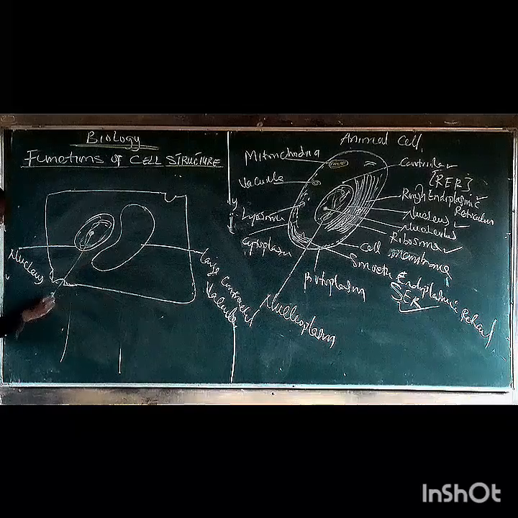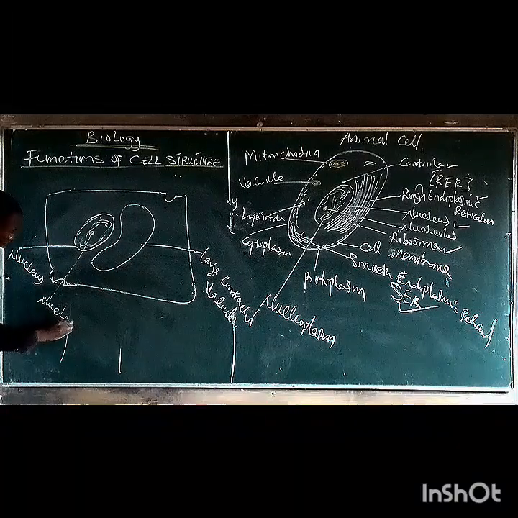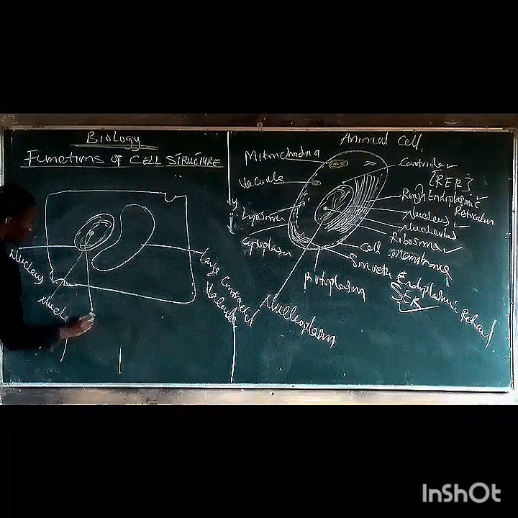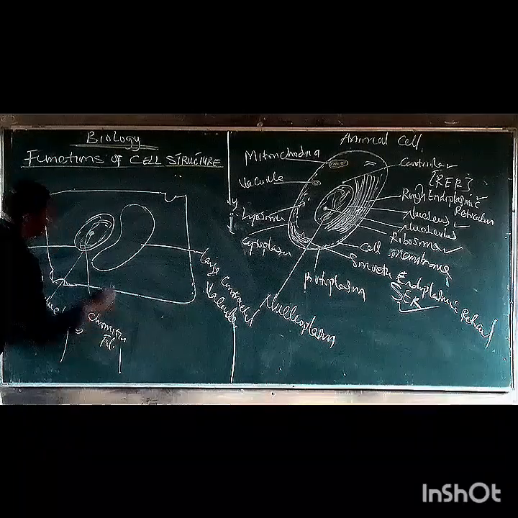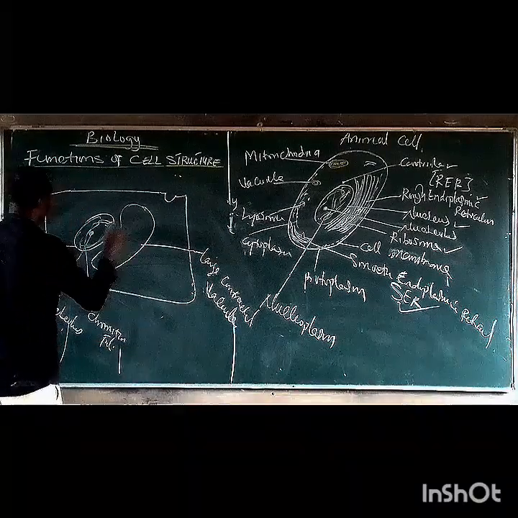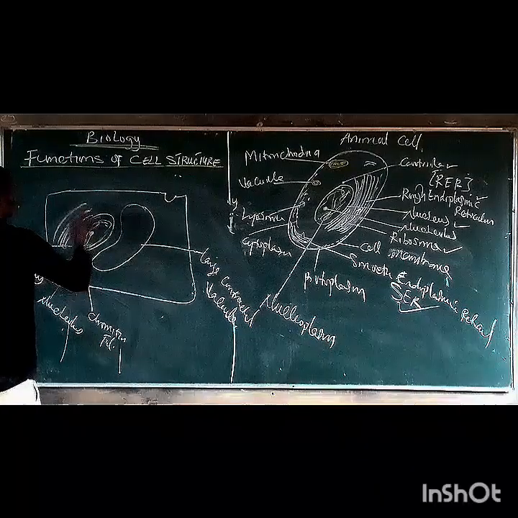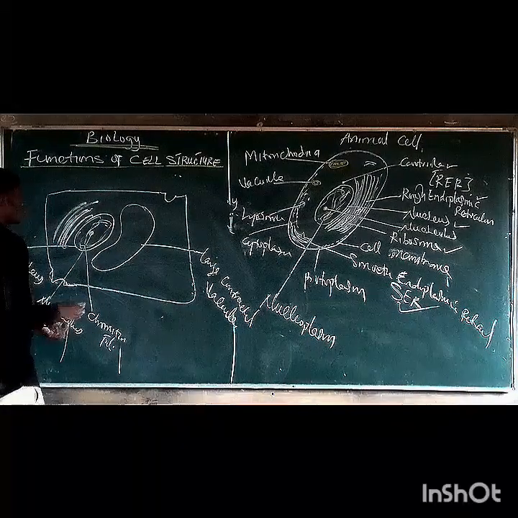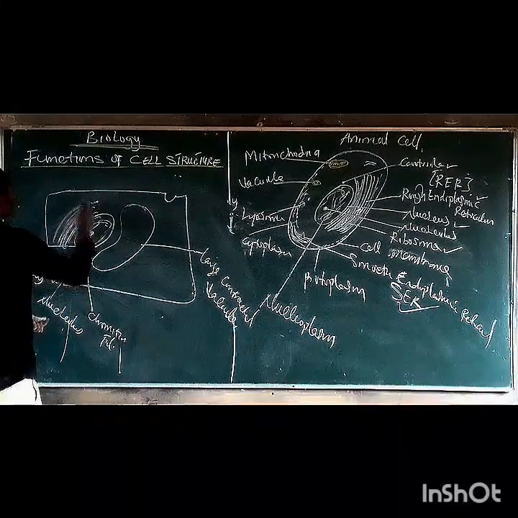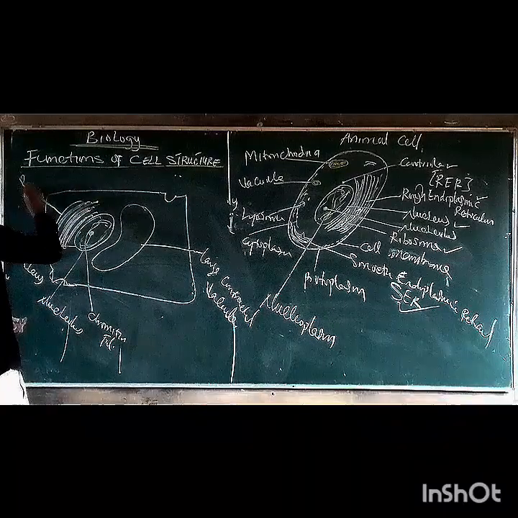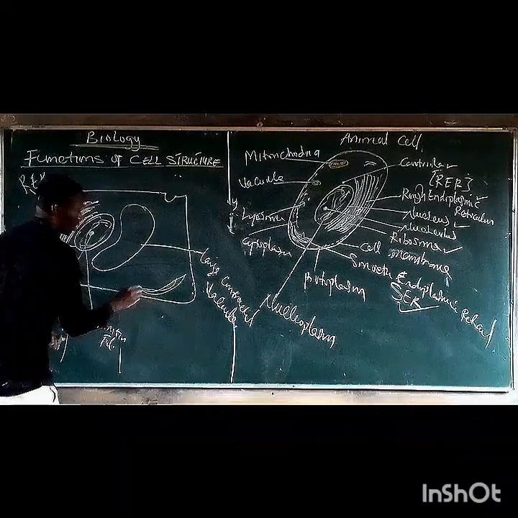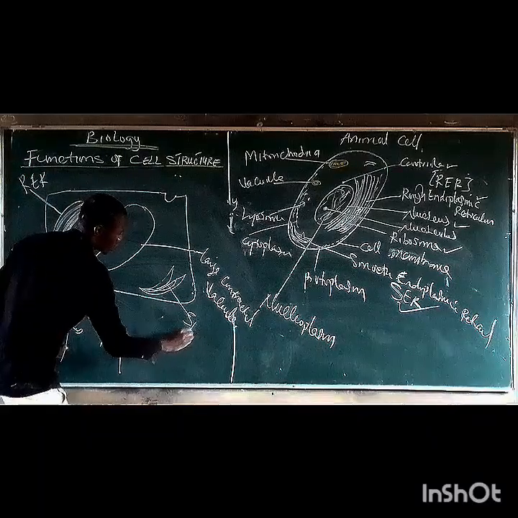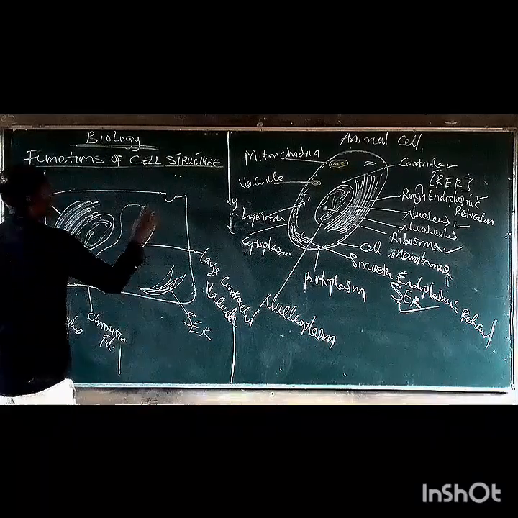This should be the chromatin. Then over here, it can be anywhere actually. The endoplasmic reticulum. This is the rough endoplasmic reticulum. Let's say over here is the smooth endoplasmic reticulum.